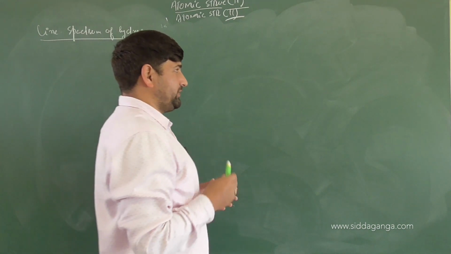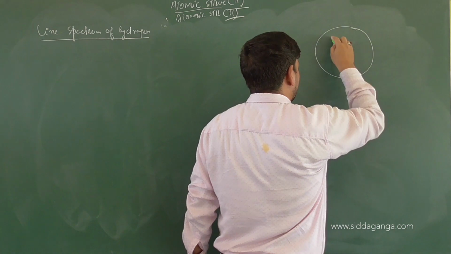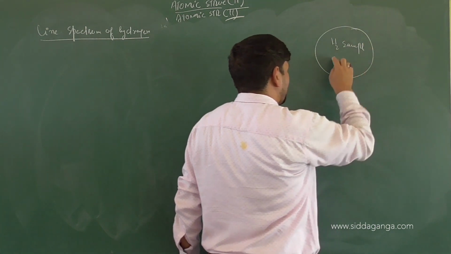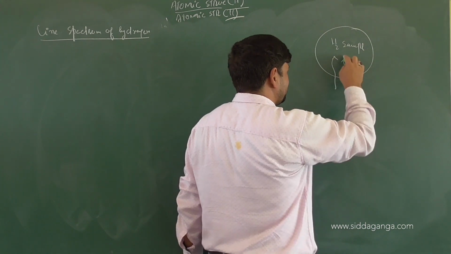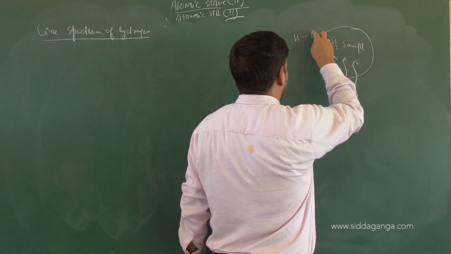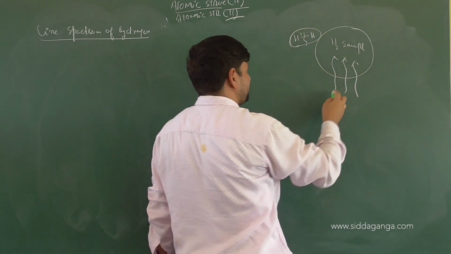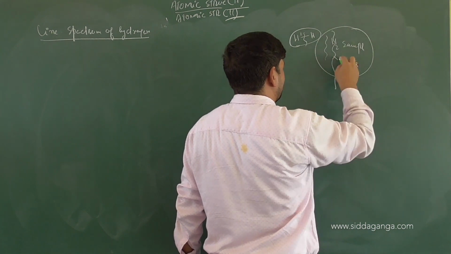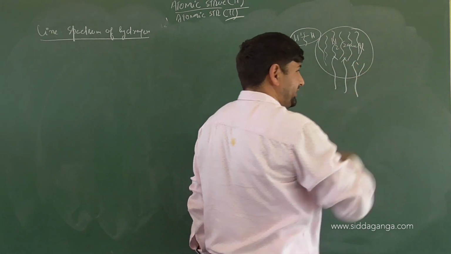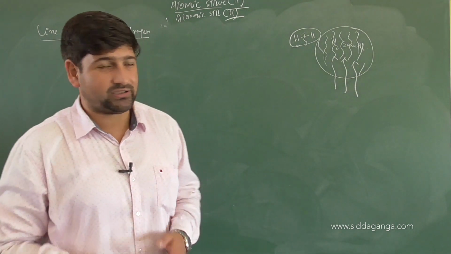How exactly do we first of all obtain the spectrum? See, if we have a hydrogen sample here and we are giving it energy, hydrogen molecules break into energetically unstable hydrogen atoms, and these hydrogen atoms get excited. Technically, hydrogen itself is not a charge; the electron present within the hydrogen is charged.